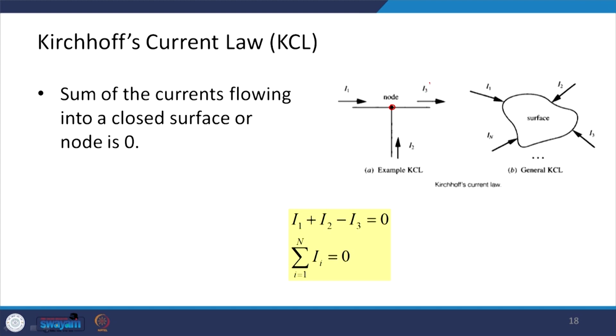I am putting a minus sign here because this is going out of the node, and a plus sign for these two because these currents are into this node. Okay. So, if I have to write a general expression across a surface, with various currents I1, I2, I3 up to IN, I can just write it like this. Okay. So, this way we can analyze a circuit.